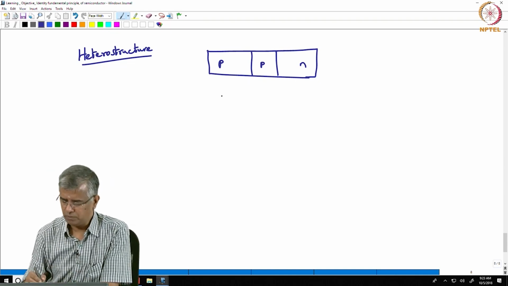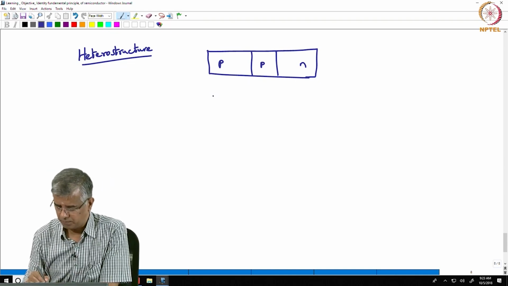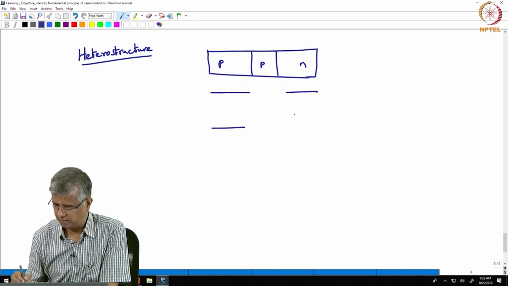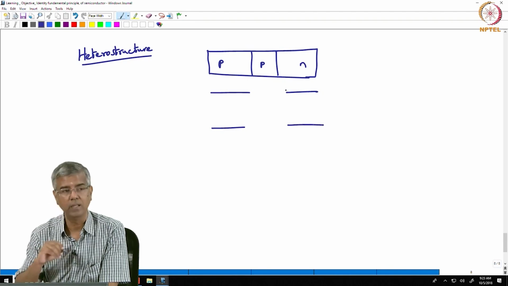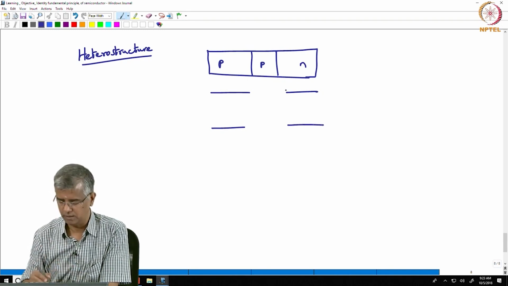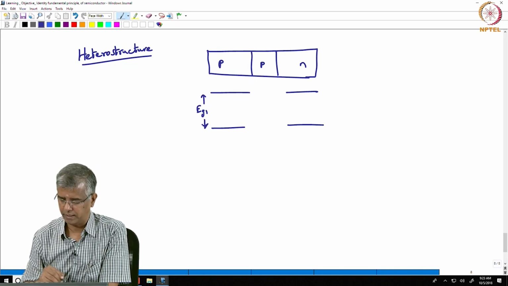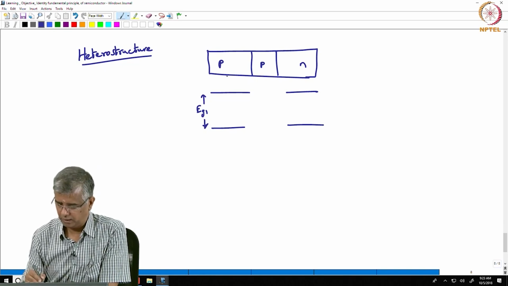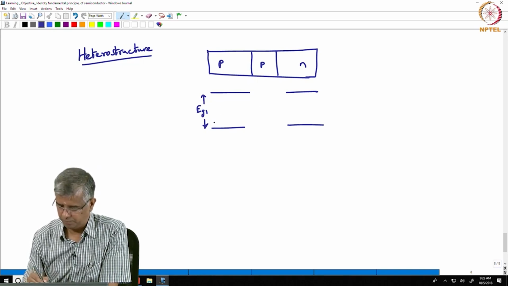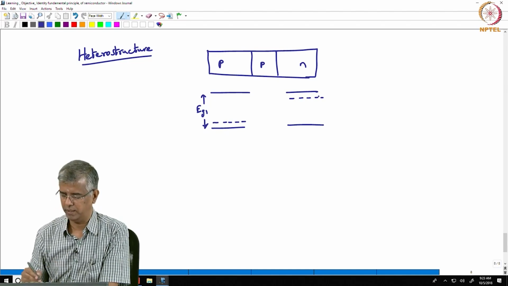So, we say the band gap energy of this region and this region is equal, so we can call this Eg1. So, on either side there is Eg1, and of course, for the P type, the Fermi energy is going to be somewhere over here, and with the N type the Fermi energy is somewhere over here.